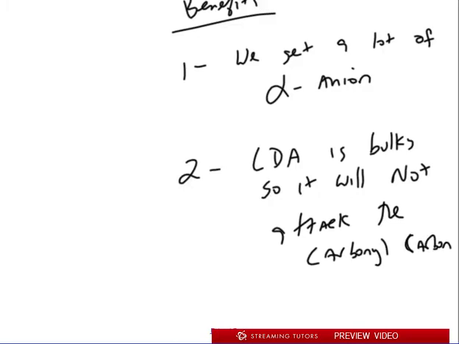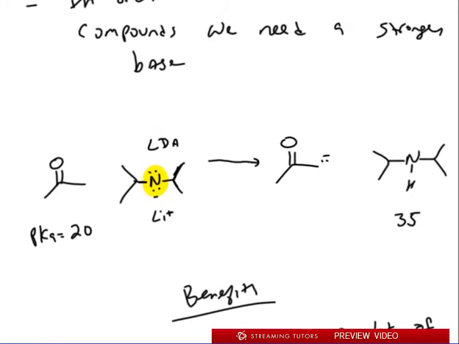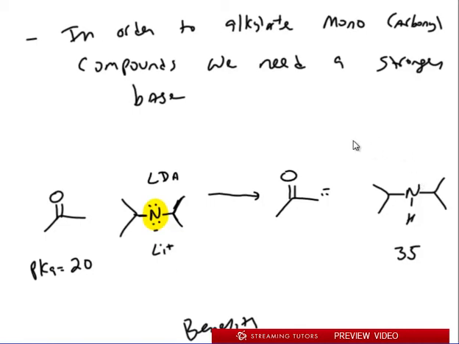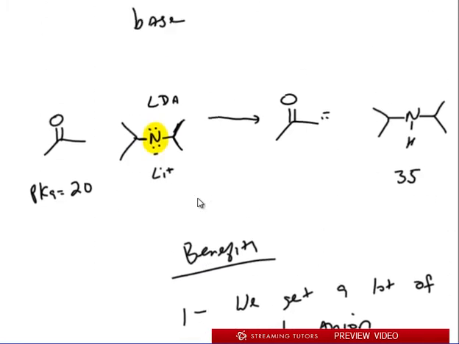That's important to keep in mind. Nitrogen is a good nucleophile as well, so if we're not careful, this nitrogen can come into this carbonyl while this opens up, and then we'll make something called an imine or an enamine. In this case, it would be an enamine, but we're not going to have to worry about that because it's not going to come in. So this nitrogen is not going into the carbonyl, neither is that one. All right, so those are the benefits.